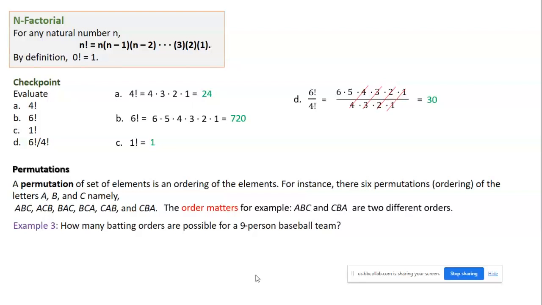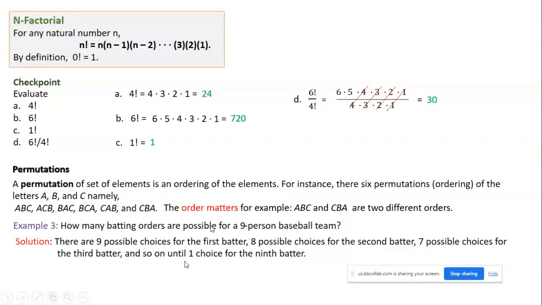But the best way to see permutations, I don't know if he has it, is like this. How many batting orders are possible for a 9-person baseball team? If the order matters, and we want everyone to bat, we don't want to leave anybody out, right? So there are nine possible choices for the first batter, 8 for the second, 7 for the third, and so on and so forth.